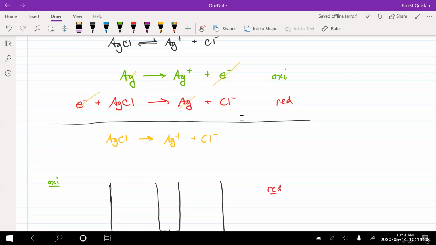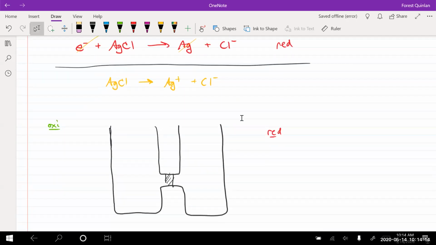And to do that, they're going to have to come from the original metal in question. So if we look at the oxidation side, we're going to need ourselves some silver and some silver ions. On the reduction side, we're going to need some silver, some chloride, and some silver chloride.